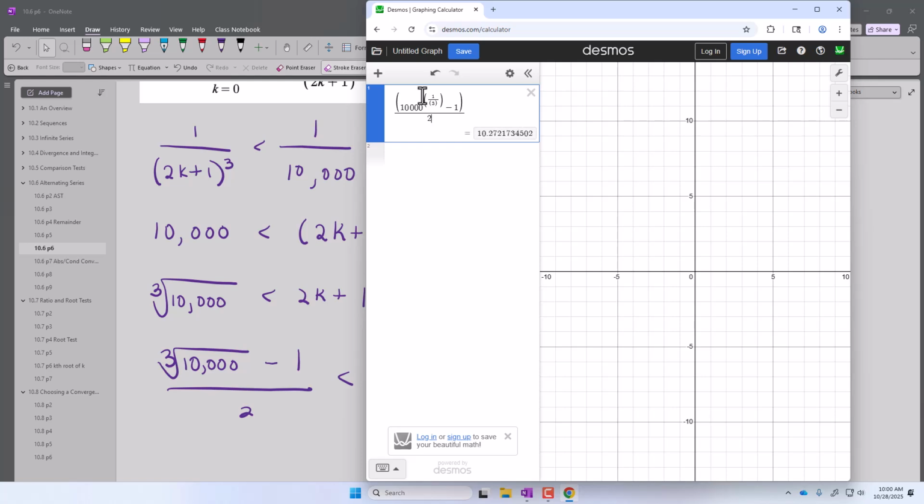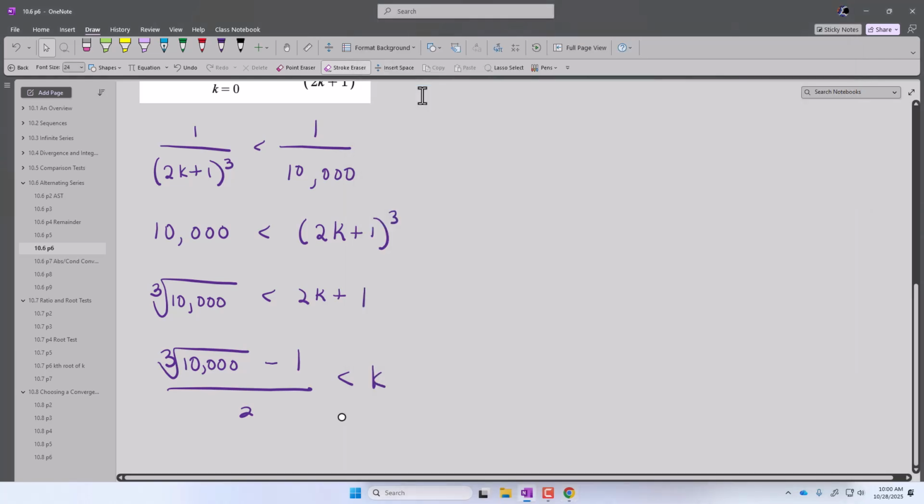Do you always want to round up for these types of problems? Yes. Always rounding up, because if we chose 10, we wouldn't be less than 10 to the negative 4. We want k to be bigger than this number.